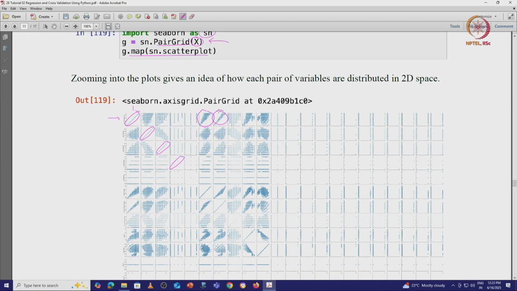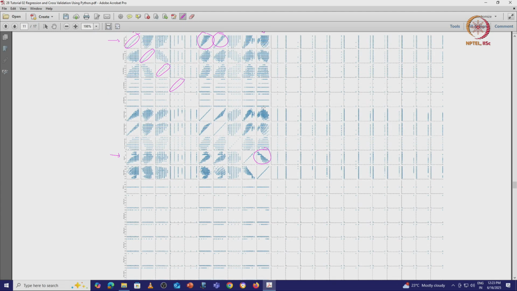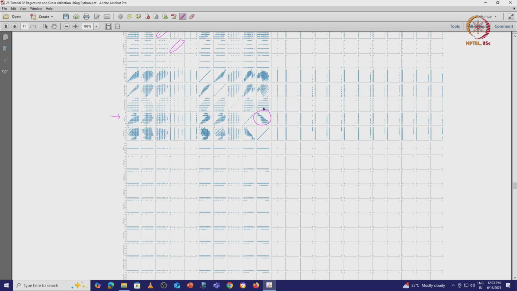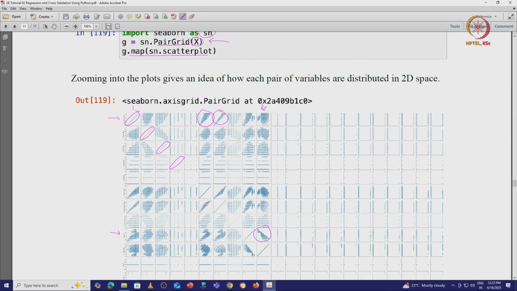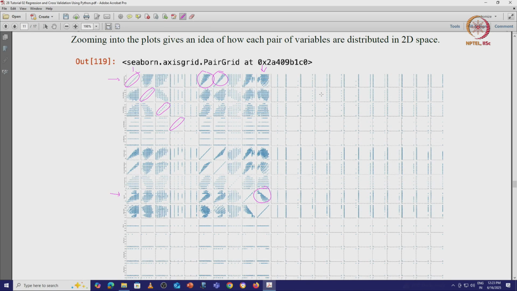These two sets of features in this row and this column are negatively correlated. These kinds of insights would have been very difficult to gather immediately, but once you have these scatter plots, it is very easy to see how the variables are distributed.